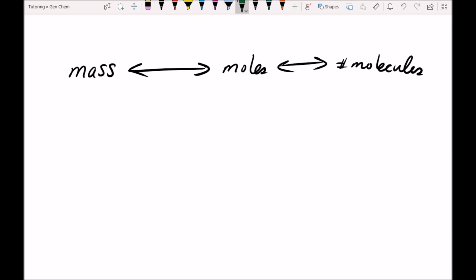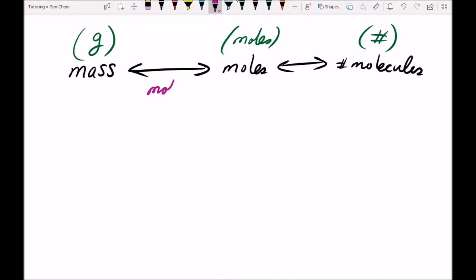We know that mass is measured in grams, and moles are, of course, moles, and the number of molecules is measured in a number. And so what's our conversion factor between mass and moles? Well, that's going to be something that involves both grams and moles, because if we go from moles to mass, we want something that will give us grams, but eliminate moles. So that would be grams over moles.